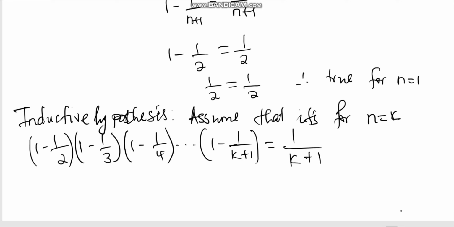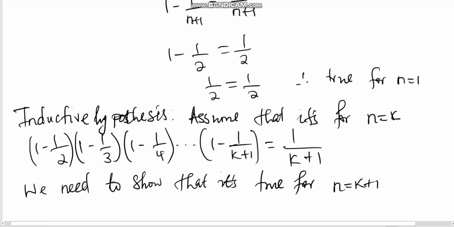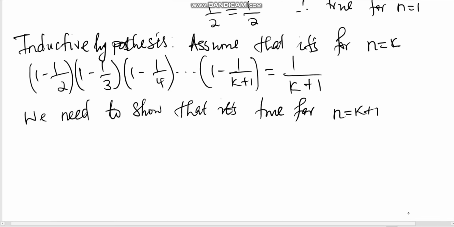Okay, so then we need now to show that it's also true for n equals to k plus 1. So here we need to show that it's also true for n equals to k plus 1. So we get this expression the way it is here.